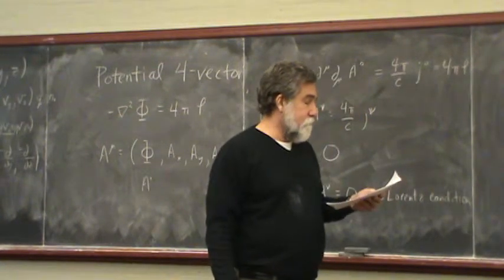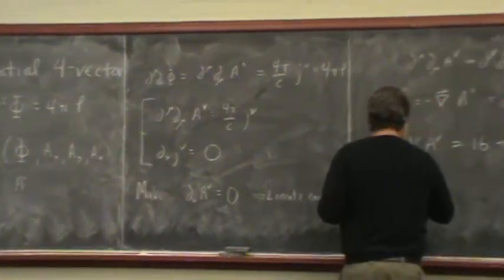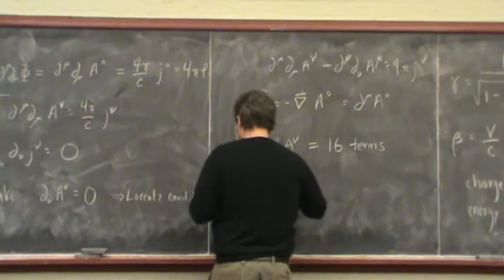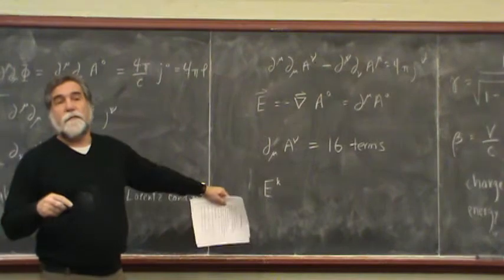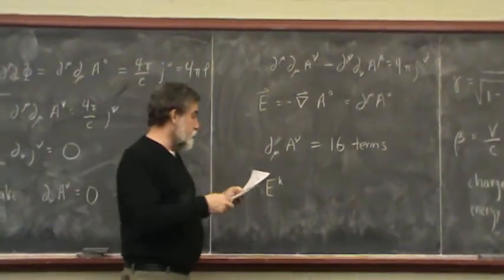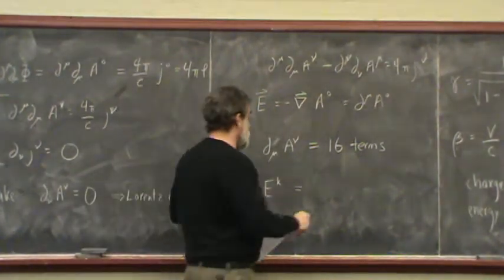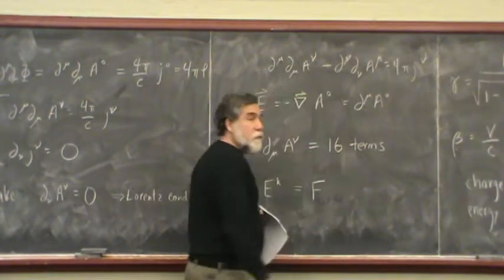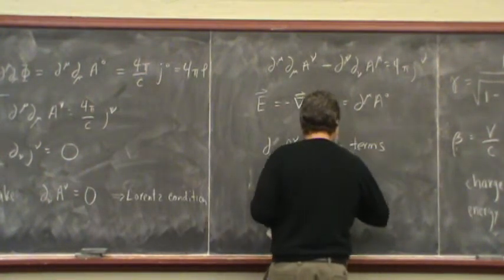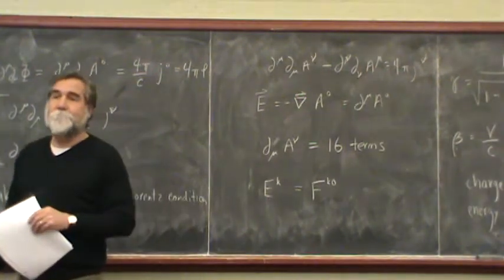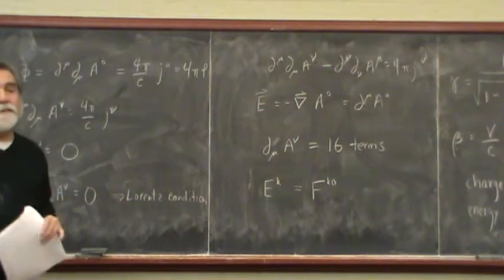So in 3-vector form, E_k, this 3-vector E1, 2, 3, is part of a much bigger tensor, which we're going to call the field tensor. And E_k is actually F_k0.